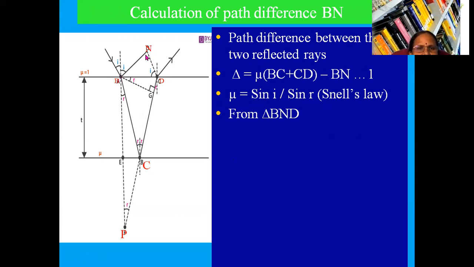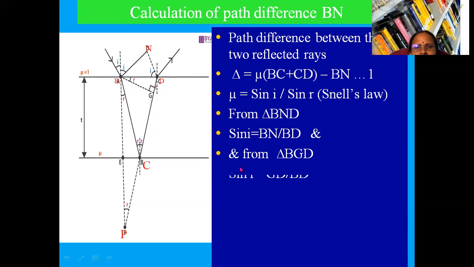This is the angle 90 degrees, and therefore BD is the hypotenuse, and therefore sin I is equal to BN upon BD. Consider this triangle BGD. Here we have this R, we can calculate the value of sin R, that is front side divided by again hypotenuse BD, and therefore we get sin R is equal to GD upon BD.